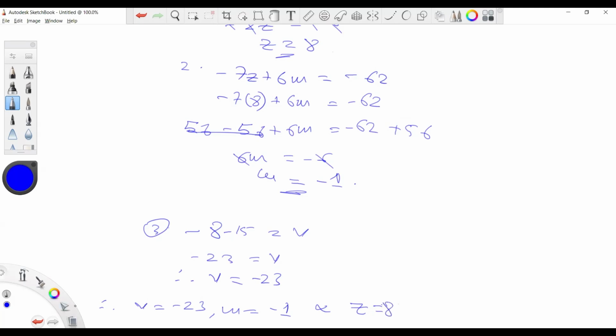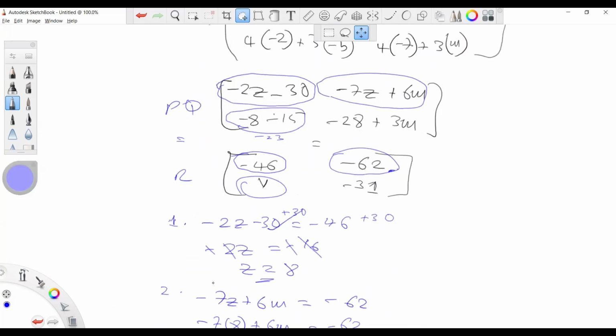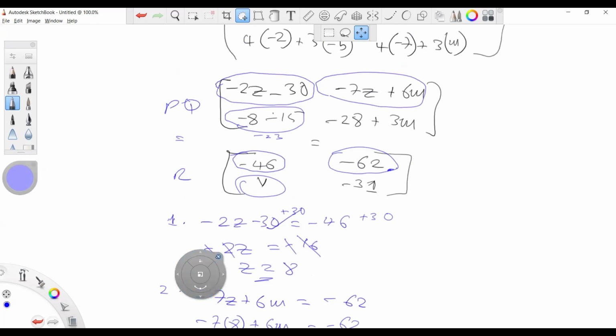Now, we can use one of the relations to prove that this answer is actually correct. Let me pick a different color so we don't have to scroll all the way down.